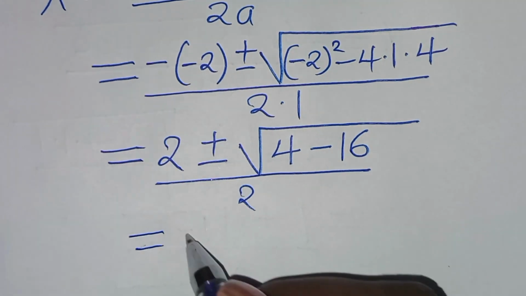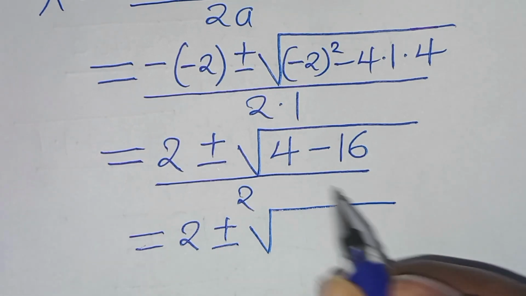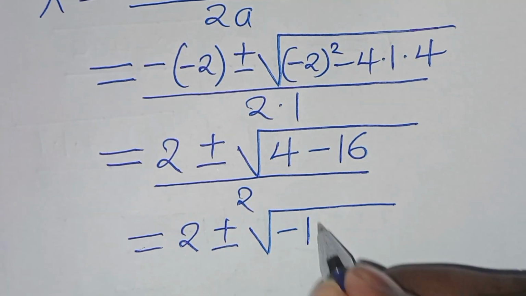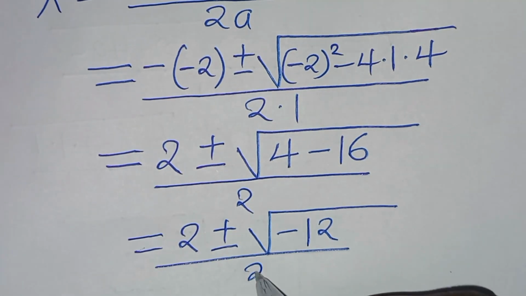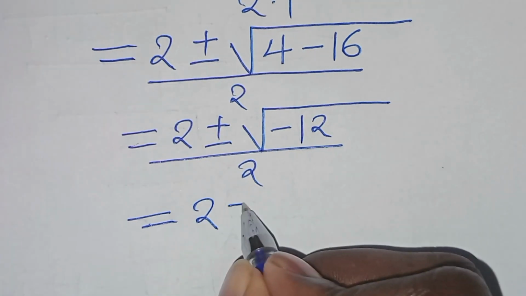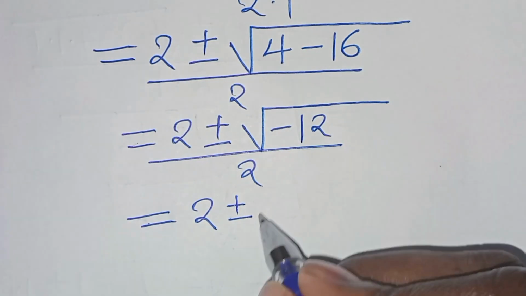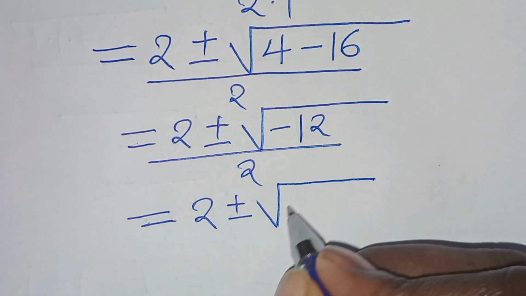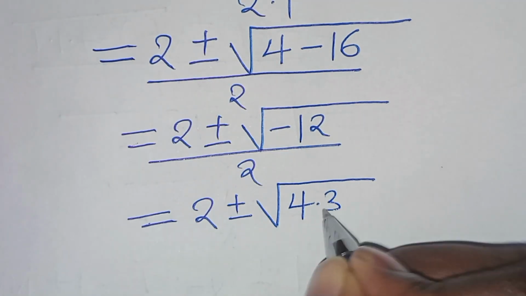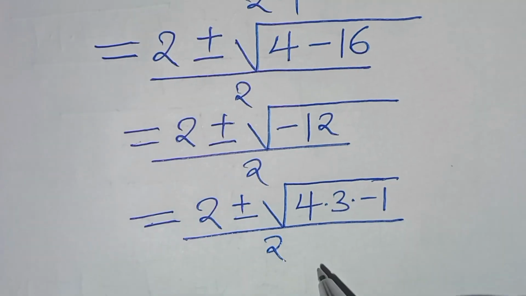The next step, we have 2 plus or minus the square root of 4 minus 16, which is minus 12, over 2. Then we have 2 plus or minus, and we can express the square root of minus 12 as the square root of 4 times 3 times minus 1, everything divided by 2.